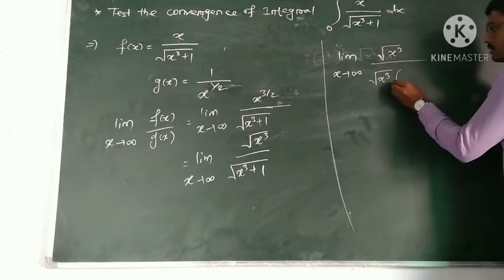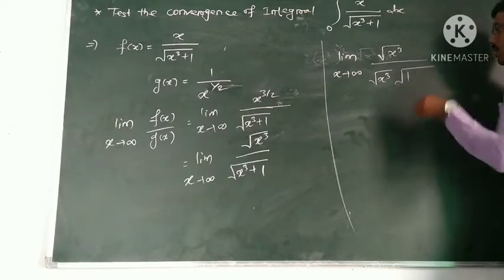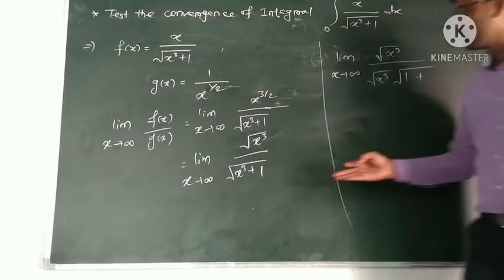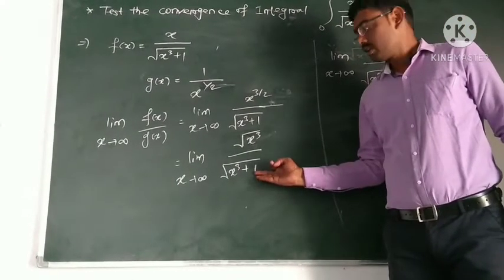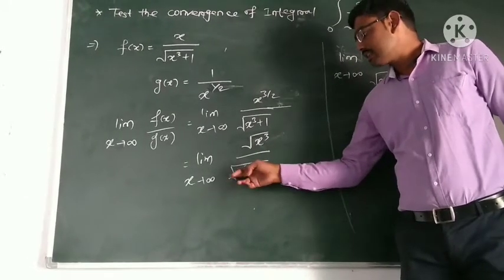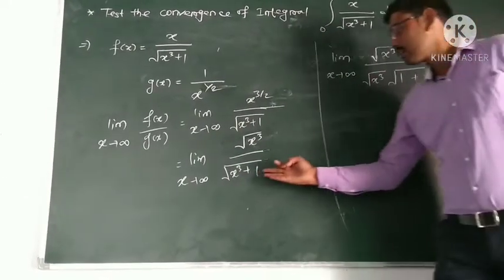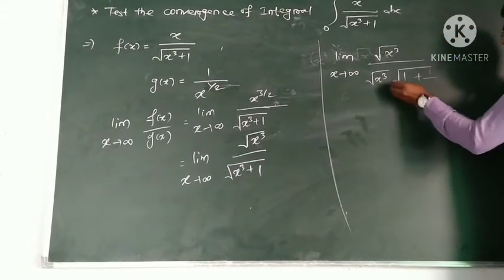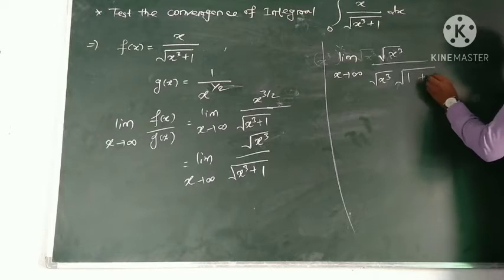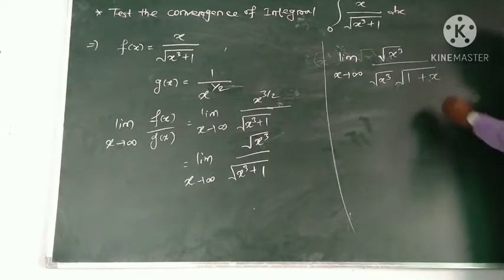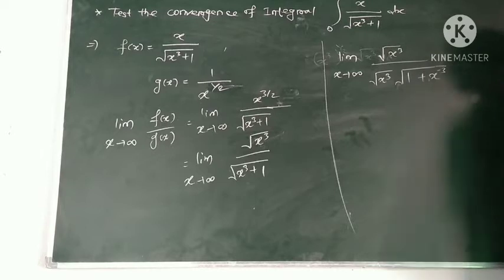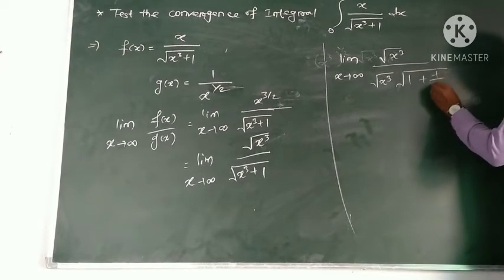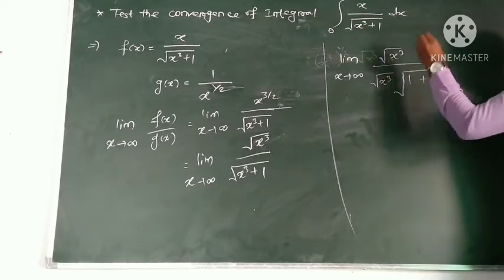In the bracket it remains square root of 1 plus, now here there is no x cube, so it will be 1 upon square root of x cube, so x is to power minus 3 and this square root as it is. Okay, or we can write it as 1 upon x cube in the square root.